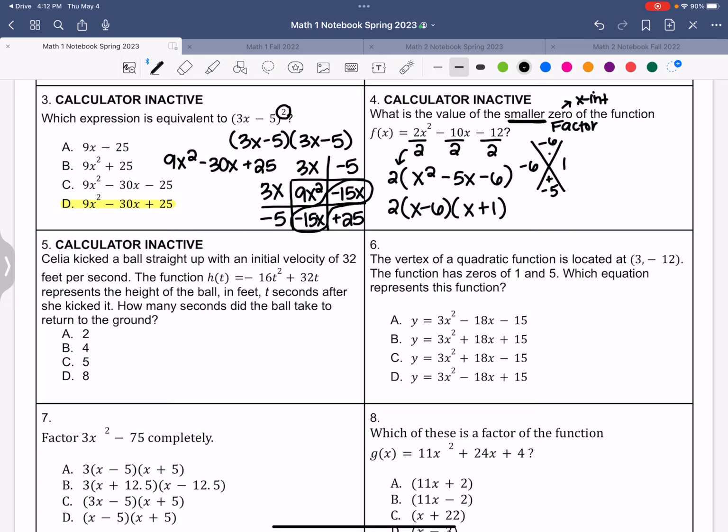And then set those equal to 0. Add 6, that would give us x equals 6. Subtract 1, x equals negative 1. So the smaller 0 is negative 1.